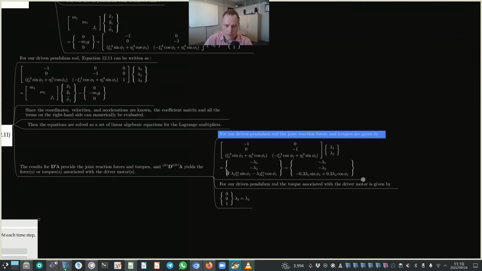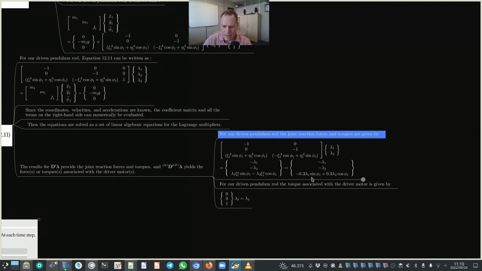I've multiplied it out. This is the expanded form of the resulting column vector.